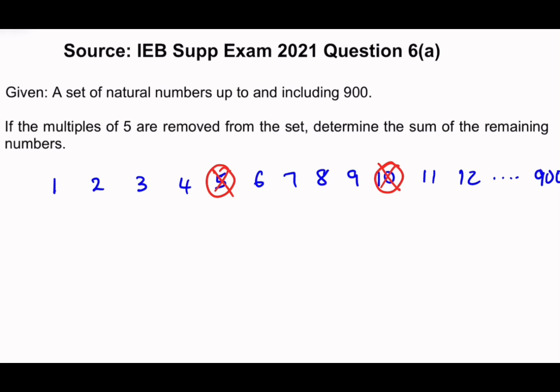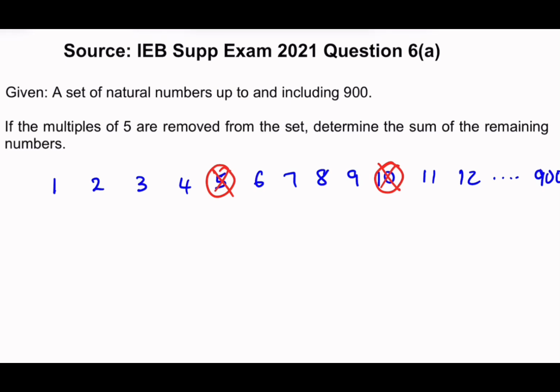So then it sort of causes a problem there. So the approach would be better off if we find the sum of all 900 numbers before we remove the multiples of 5, and then find the sum of all the multiples of 5, and then minus that sum from the total sum, and that should give us what we're looking for.